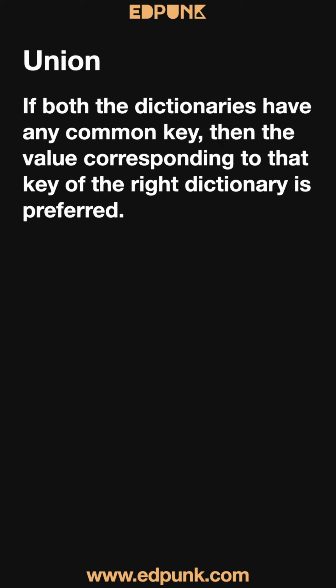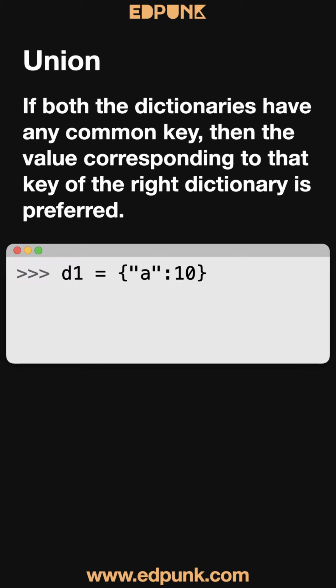If the dictionaries have a common key, then the value corresponding to that key of the right dictionary is preferred. For example, let us take a dictionary D1 containing key value pair string A is to 10 and let us take another dictionary D2 containing key value pairs string A is to 20 and string B is to 20.